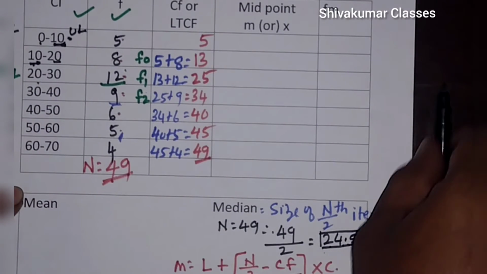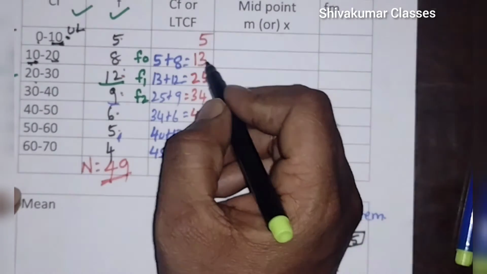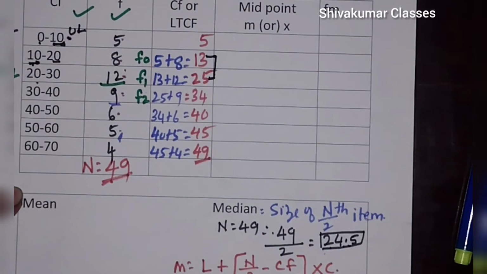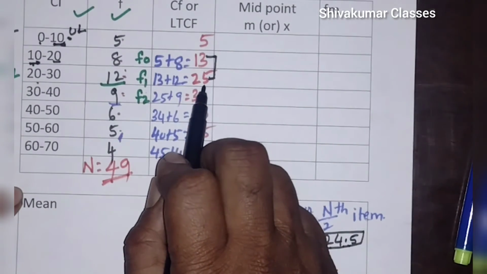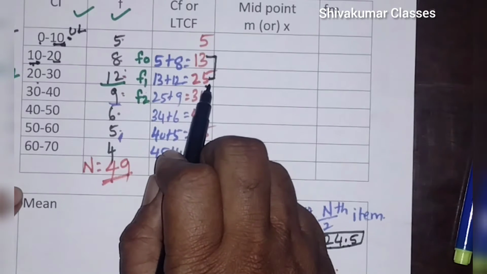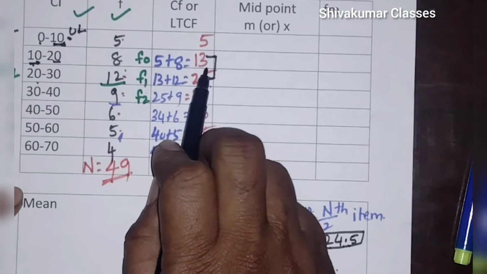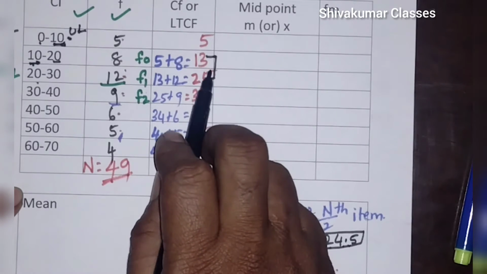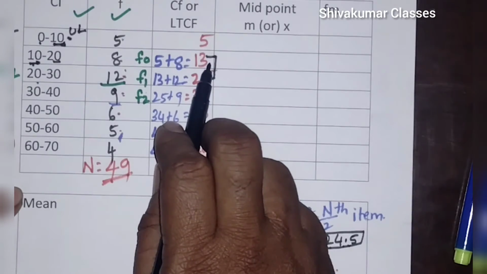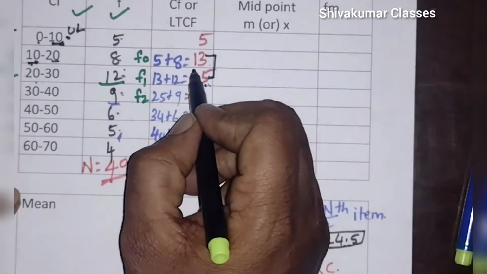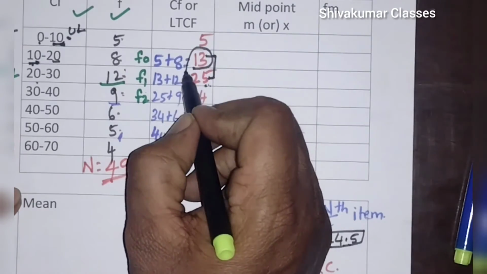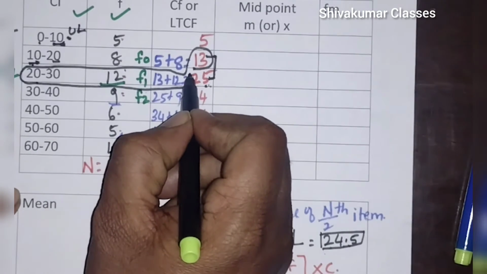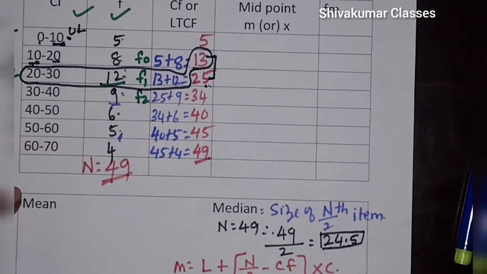It lies between 13 and 25. My required value is 24.5, but the value here is 25, which is above that. Therefore I have to select the previous cumulative value, the one I am circling here.